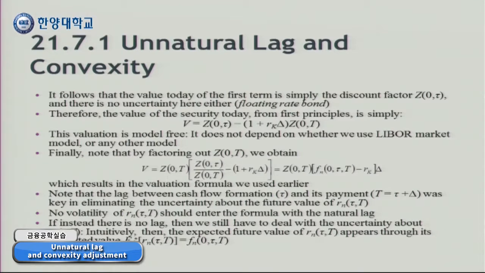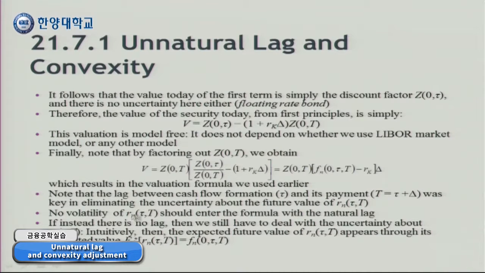So the cash flow, of course, at time big T, life is such an easy one. Note that the lag between cash flow formation, tau, and payment, T equals tau plus delta, was the key in eliminating the uncertainty, right? Because we receive the cash flow later, now there is no uncertainty. That's the key. We eliminate the uncertainty about the future value of this one.